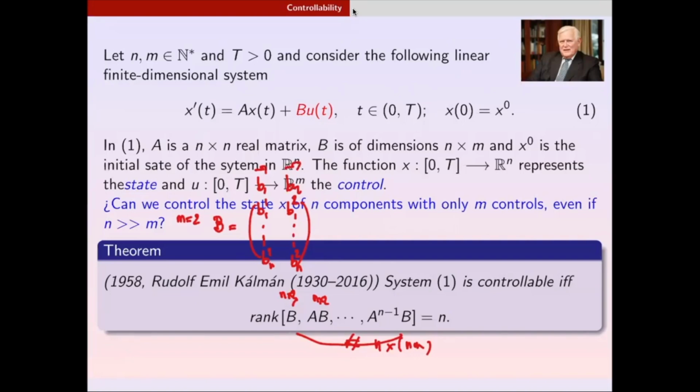Why do you think that is true? What do you think? When I am controlling in a short interval or in a long interval, when do I need bigger controls? When do I need the controls to be larger? In short time horizon or in long time horizons?